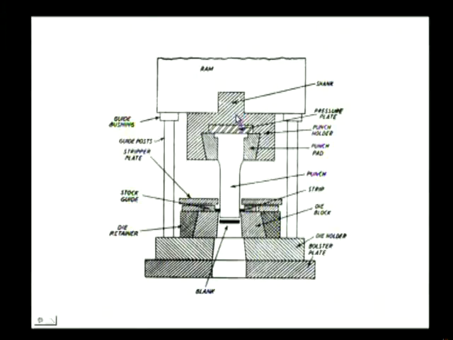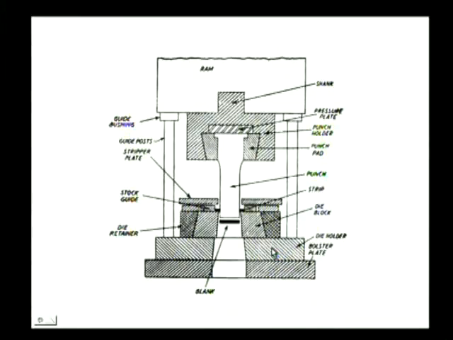This punch is attached to the ram, which is made to move either directly or indirectly, whereas this die and die set are mounted properly at the correct place on the bed.